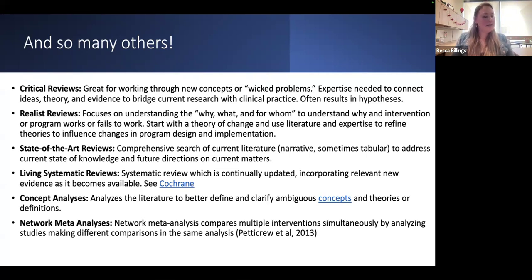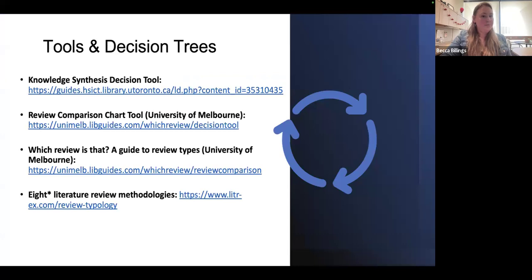And then concept analyses, you're identifying and clarifying ambiguous concepts or theories. So there's been one that we've done on nurse well-being, because well-being is so broad, it's trying to define what that means. And then there's several others that we're working on, but these are some other options if maybe those review types that we discussed earlier don't work for your topic.